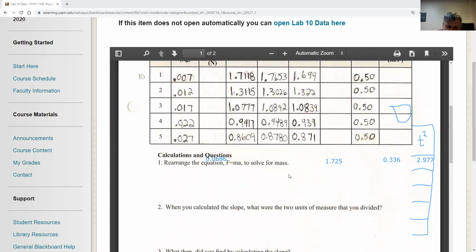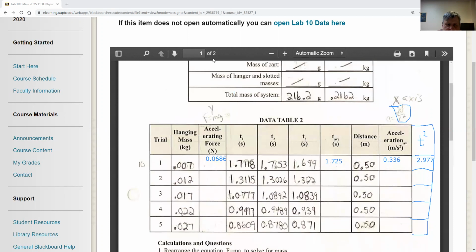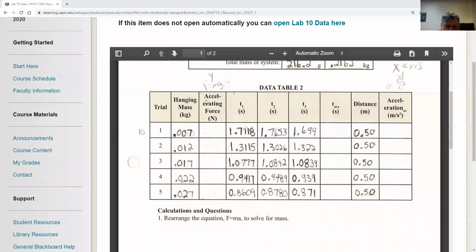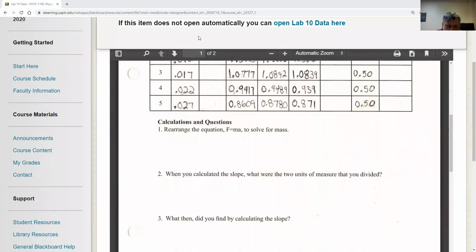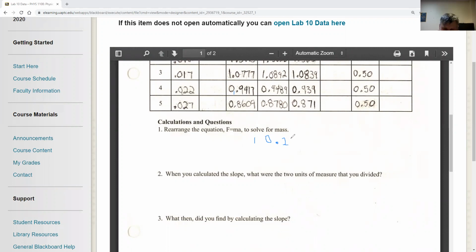And what that gives me, for trial number 1, is 0.204.